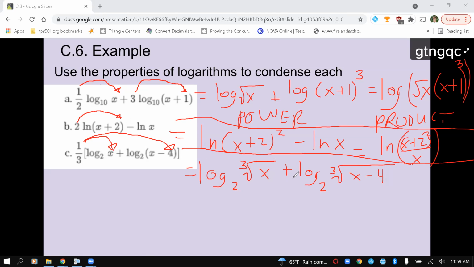All right, because this is addition, I can multiply them. Log base 2 of the cube root of x times the cube root of x minus 4. Which, if you want, you can put under 1 cube root.